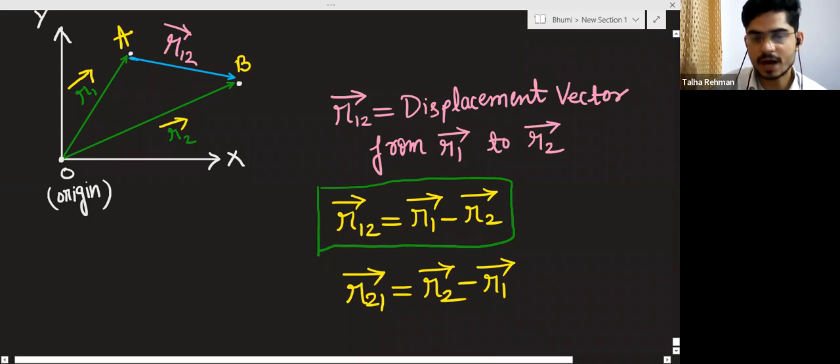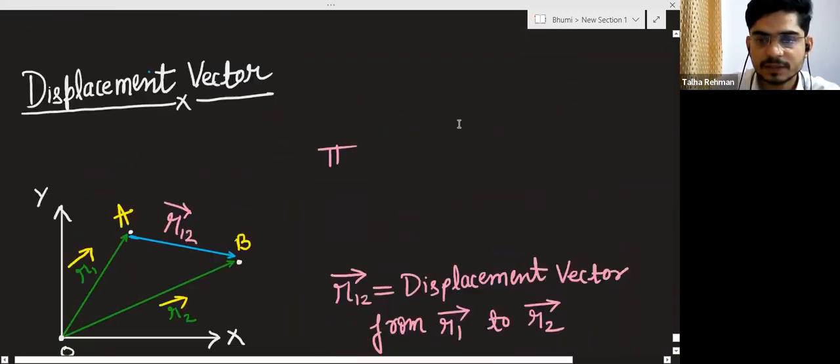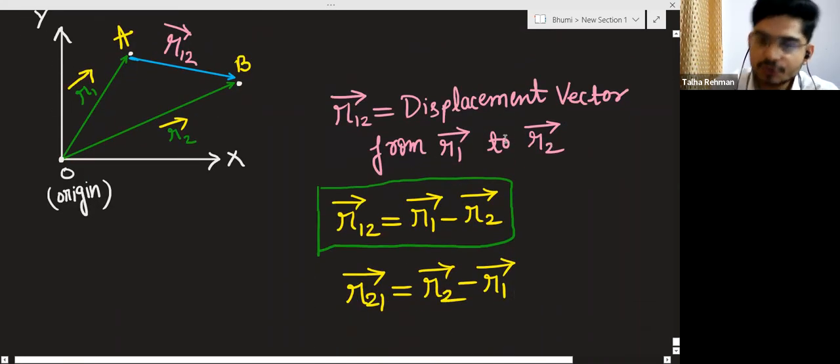And R21 will be called the displacement vector from R2 to R1.